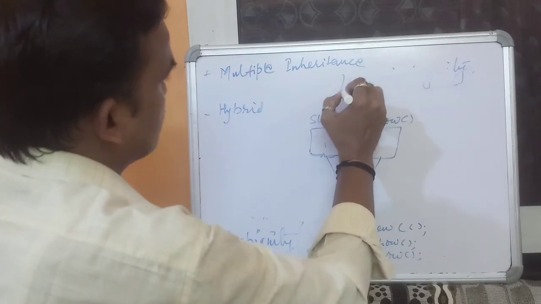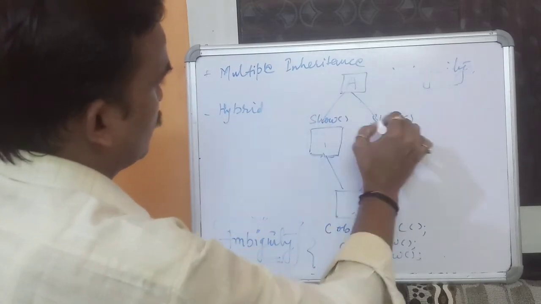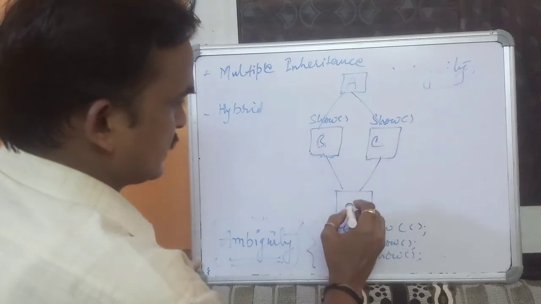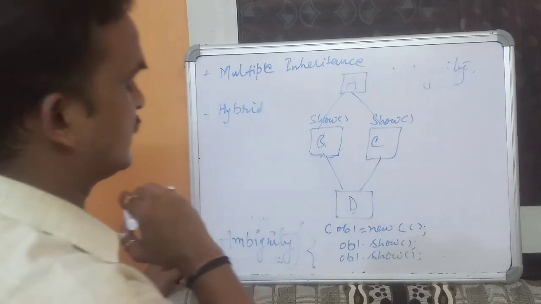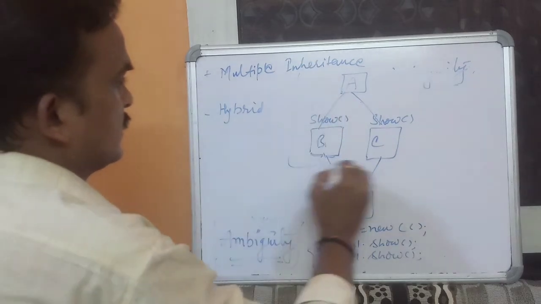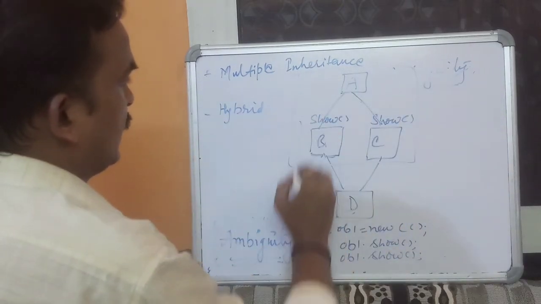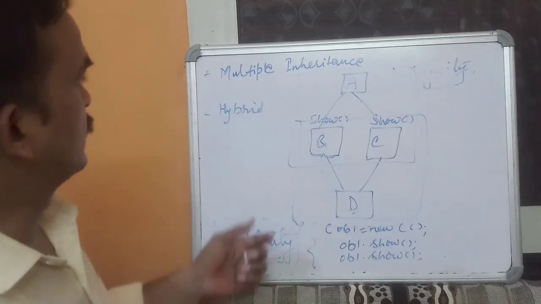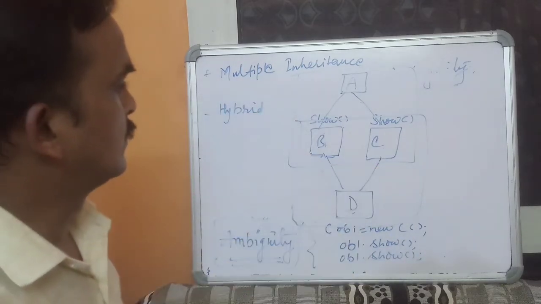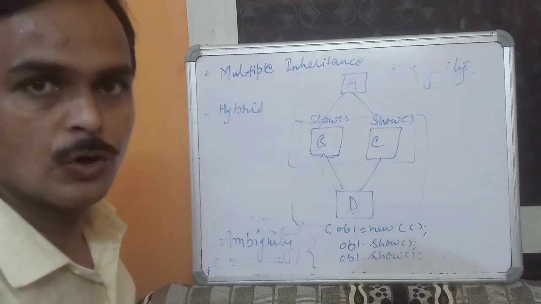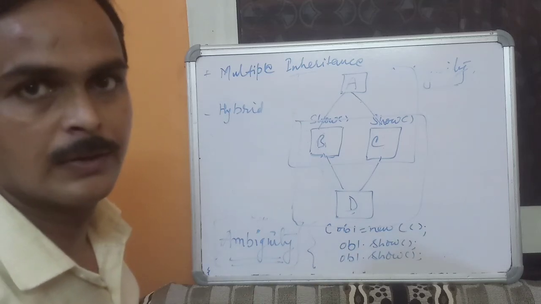Here we have one class A that is accessible by two classes, B and C, and both classes are again accessible by one subclass, D. So again this has a combination of inheritances in which multiple inheritance is used again. That's why hybrid inheritance is also not used in Java programming.